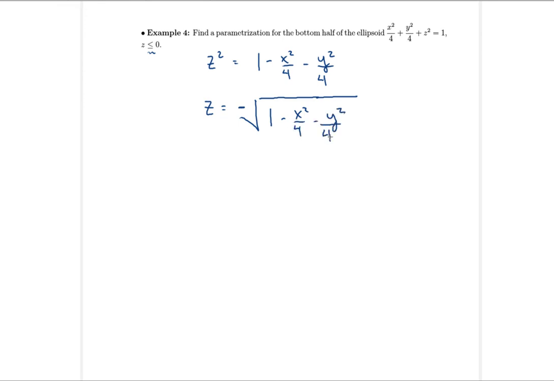So I was able to isolate one of my variables, so that means I can let x equal u and y equal v. And so then my parametrically defined surface can just simply be u, v, negative square root of 1 minus u squared over 4 minus v squared over 4.